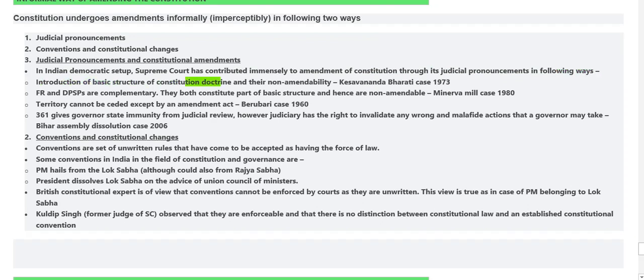Judicial pronouncements and constitutional amendments. In the Indian democratic setup, the Supreme Court has contributed immensely to amendment of the Constitution through its judicial pronouncements in the following ways. Introduction of basic structure of Constitution doctrine and its non-amendability, Kesavananda Bharati case 1973. FR and DPSPs are complementary.